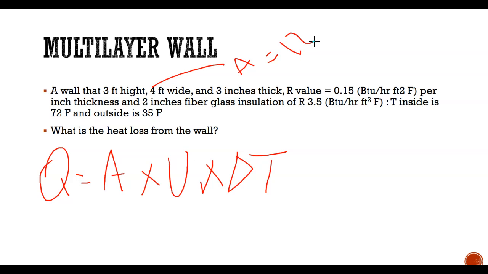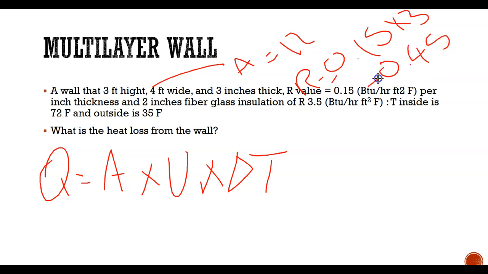And I gave you an R value of 0.15 per inch thickness, just to refresh your memory how to use these values. So we have 0.15 times 3, because I'm trying to calculate the R, and that's going to be 0.45 R value total, and the wall is 3 inches thick.